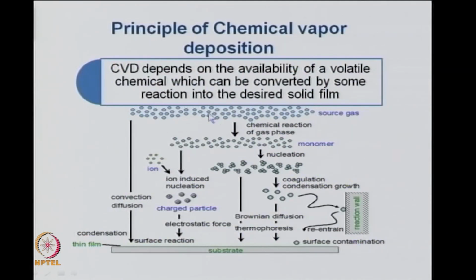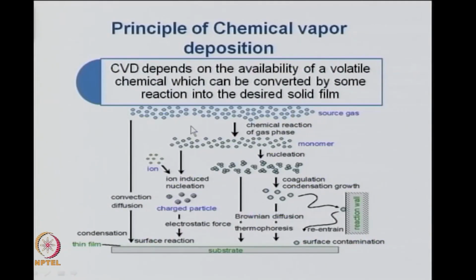Ideally you have a source gas, and the source gas undergoes a chemical reaction and forms some monomers. These monomers nucleate to form some oligomers, and this is one process where the oligomers can coagulate and condense, become large particles, and they undergo Brownian diffusion, etc., and thermophoresis, and then fall on the substrate.